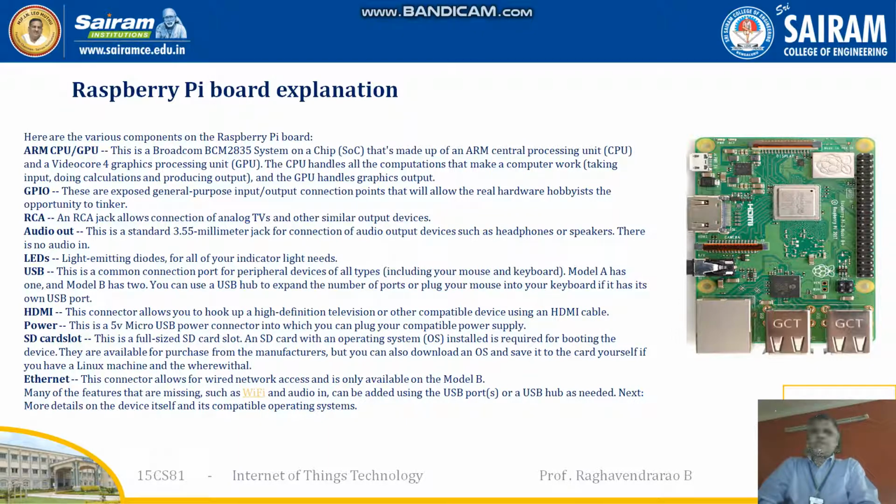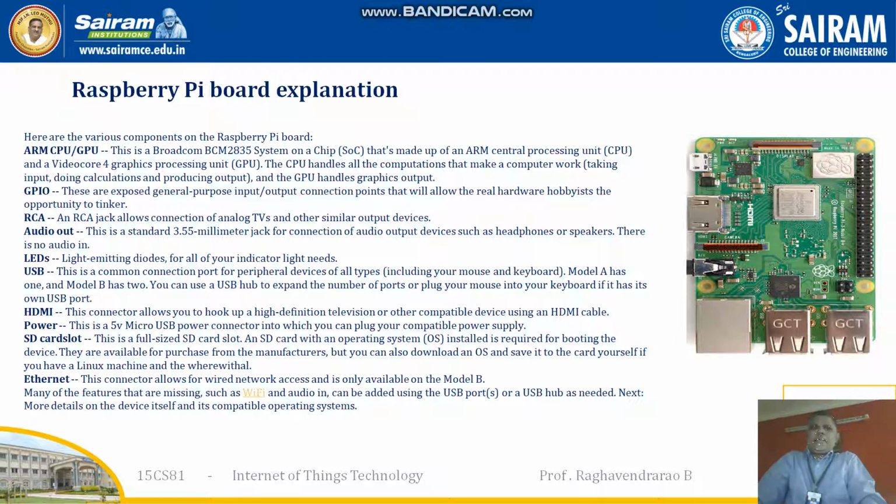The SD card, on which an operating system is installed, is going to be used for booting. Some are available for purchase from the manufacturers, but you can also download an operating system and save it on the card itself, if you have a Linux machine.